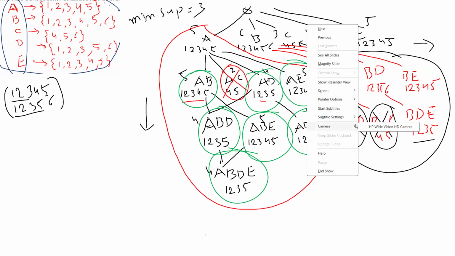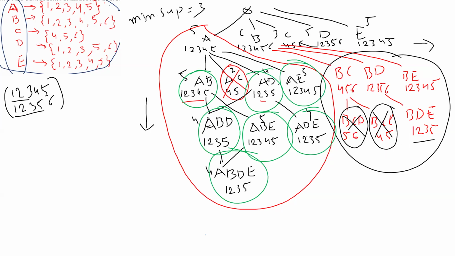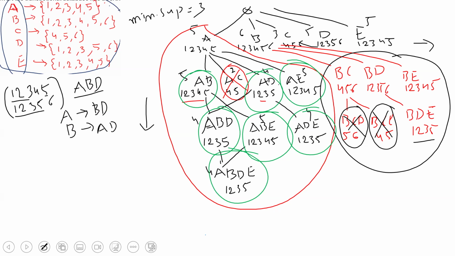Rules are of the form S to I minus S: AB to D, AD to B, D to AB, and all that stuff.